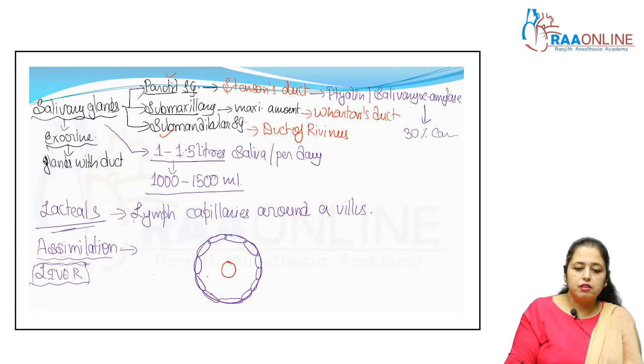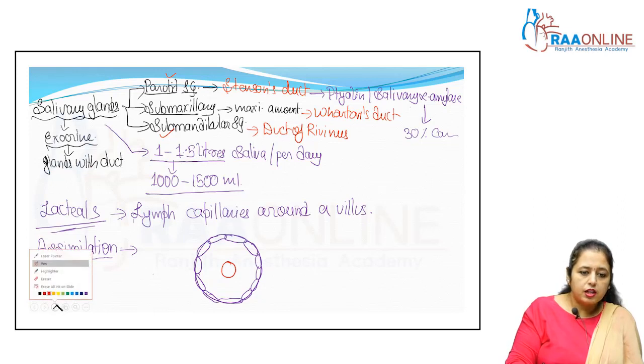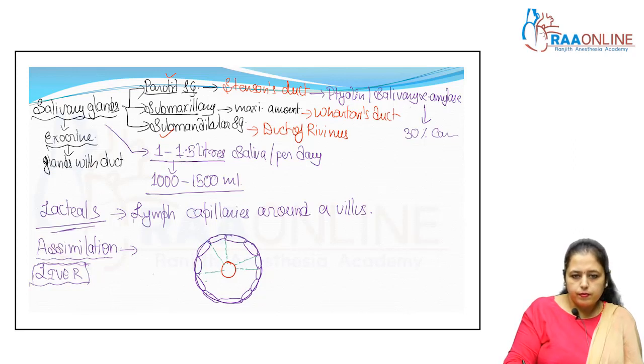These hepatocytes form the bile and pour the bile into the canaliculi, which run parallel to these hepatocytes, right?